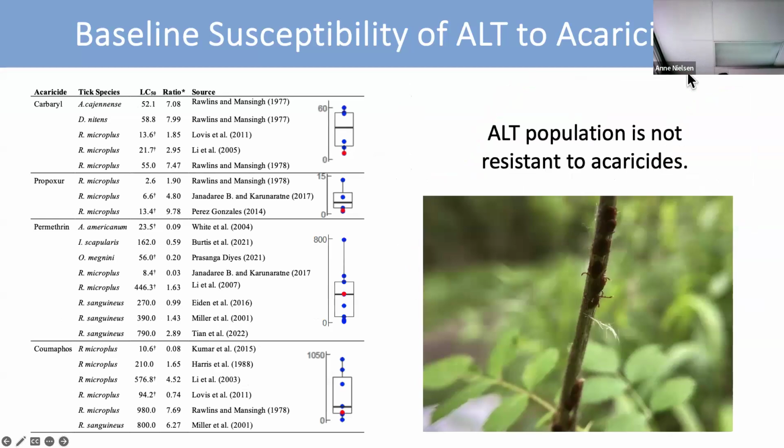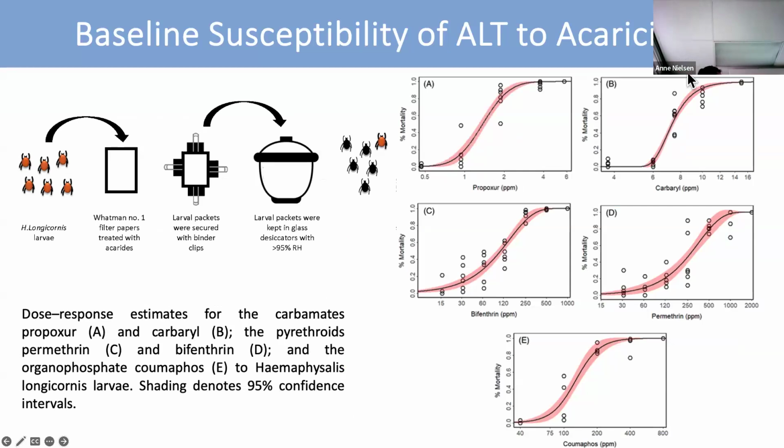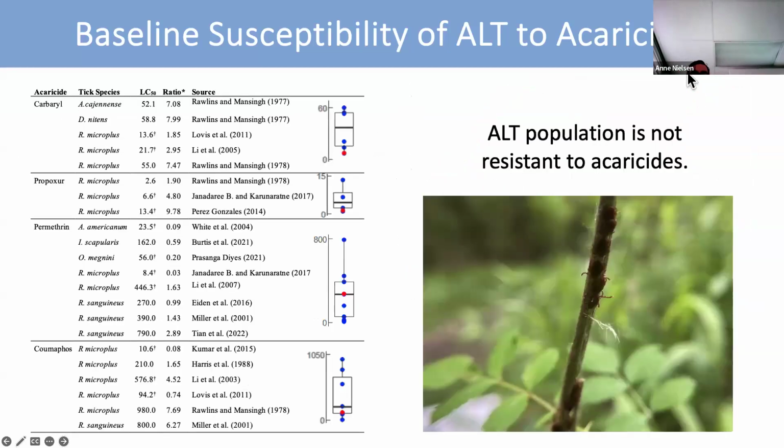Besides creating these figures to figure out the LC50 for each product, one thing that was very interesting is that Matt compared all of these to data that was already published for other tick species, because we don't have a strain resistant to any type of acaricide that we can compare our population with, right?